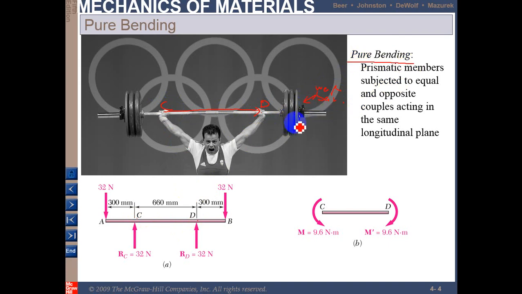There is a load here equal to 32 Newton, and the distance from D to here is 300 millimeter or 0.3 meter. So the moment at point C and also at point D is equal to force times distance, 32 newtons times 0.3. So you will get 9.6 newton-meter at point C and point D.